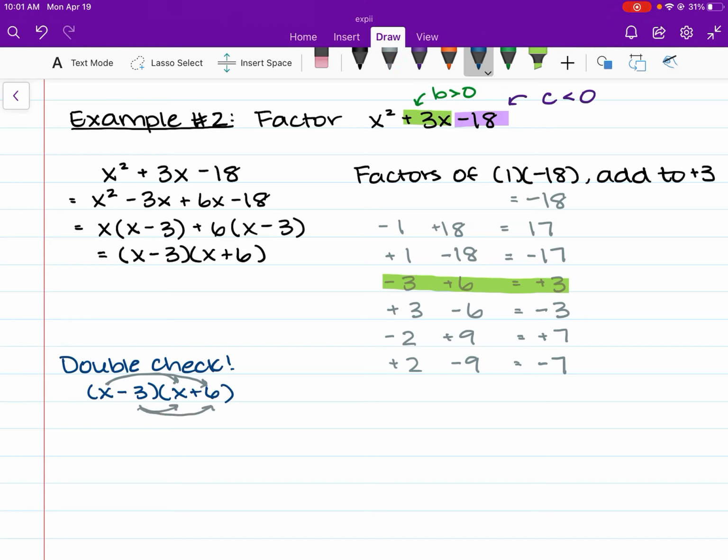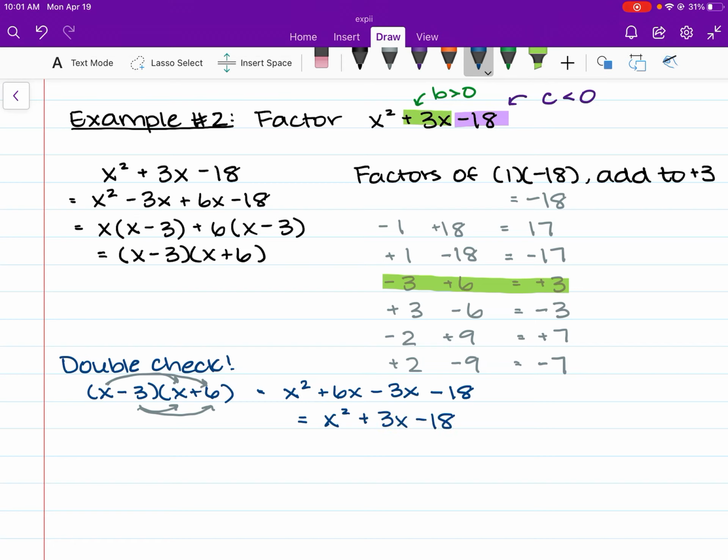So this is going to equal x times x is x squared. X times positive 6 is plus 6x. Negative 3 times x is negative 3x. Negative 3 times 6 is negative 18. Combining like terms, x squared, 6 minus 3 is positive 3x minus 18.